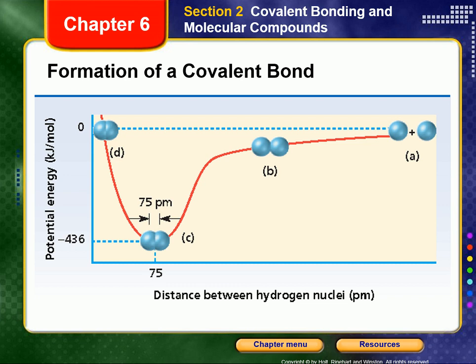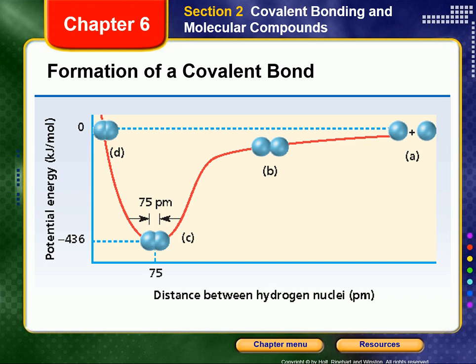Thus, the atoms are drawn to each other and their potential energy is lowered, as is shown in Part B of Figure 6-5. The attractive force continues to dominate and the total potential energy continues to decrease until eventually a distance is reached at which the repulsion between the like charges equals the attraction of the opposite charges. This is shown in Part C of Figure 6-5.